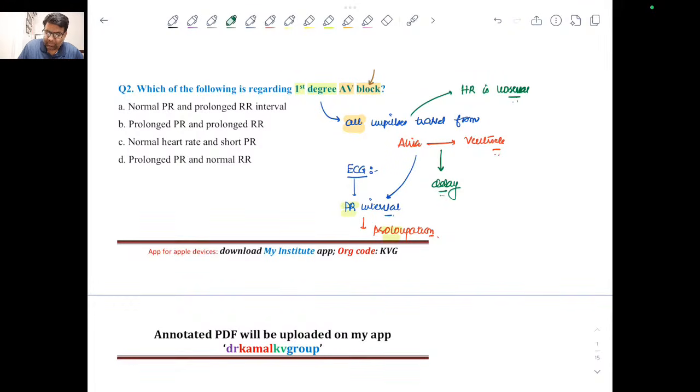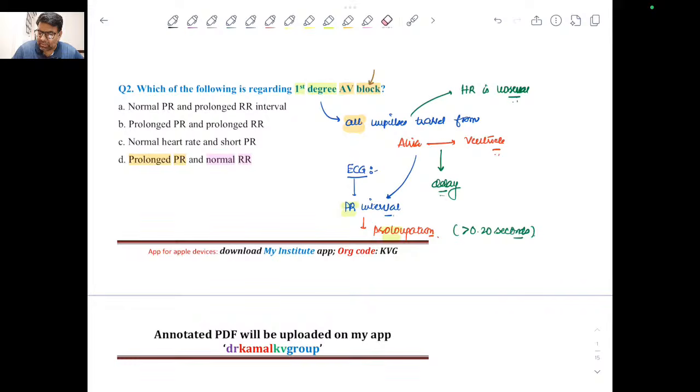So what we will write? Prolonged PR but normal RR interval. Okay, so that's very important to understand. Here the PR interval is prolonged, and this will be more than 0.2 seconds, right?